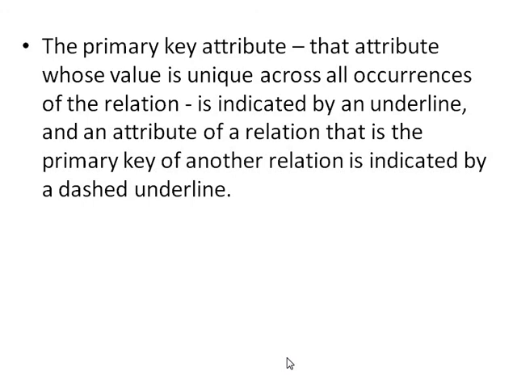The primary key attribute, that attribute whose value is unique across all occurrences of a relation, is indicated by an underline, and an attribute of a relation that is the primary key of another relation is indicated by a dashed underline. This you might have seen in the entity relationship diagram, the ER diagram.